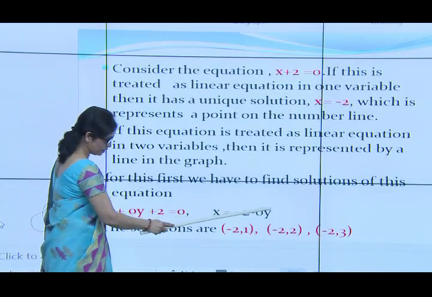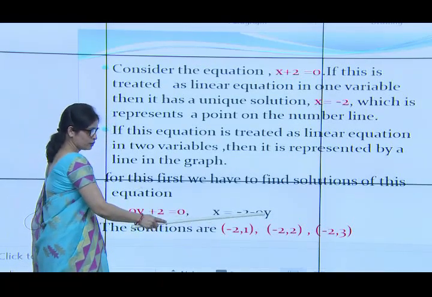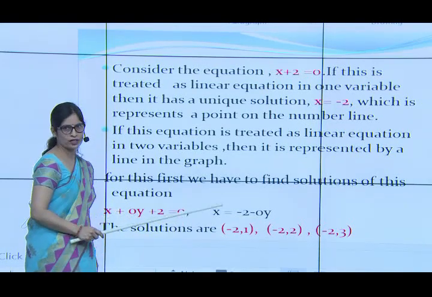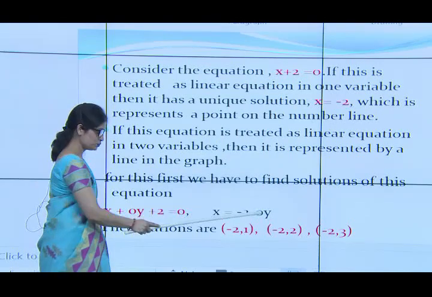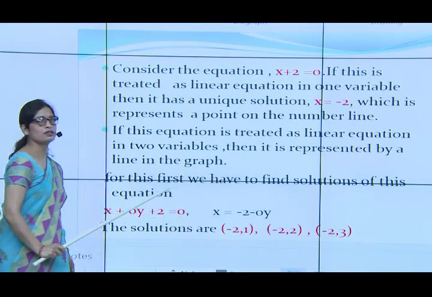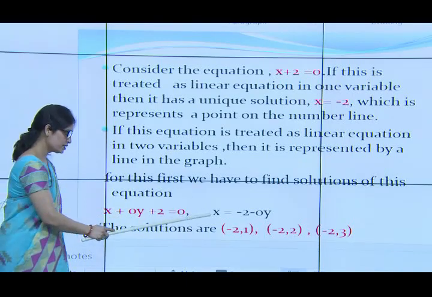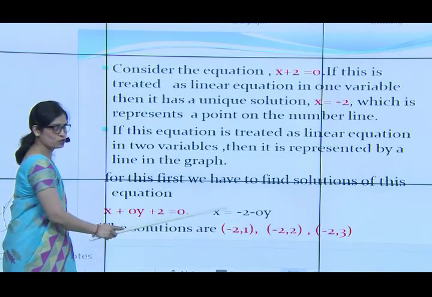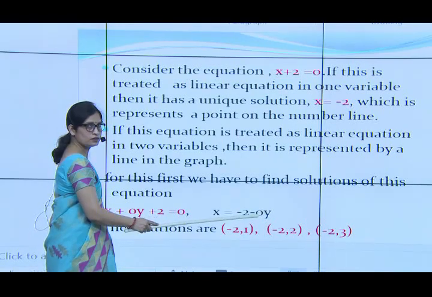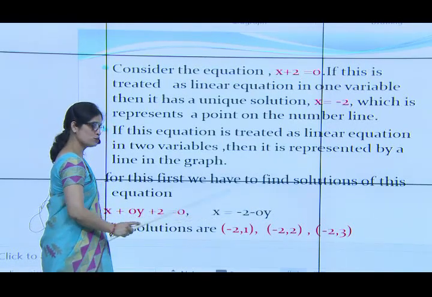Now in this equation, give values to the variable y according to your choice. Give any value. For every value of y, we always have x equals minus 2. You can see if we put y equals 1, 0 into 1 is 0, so x equals minus 2.